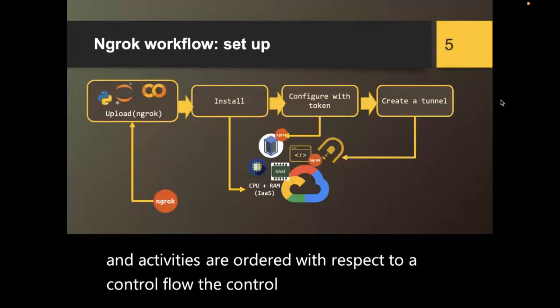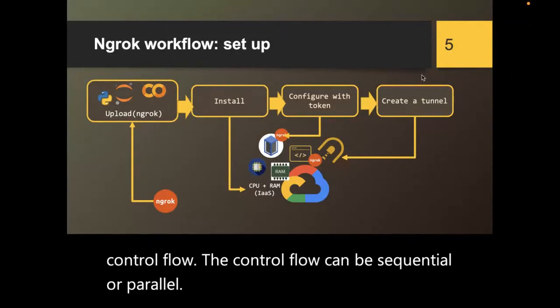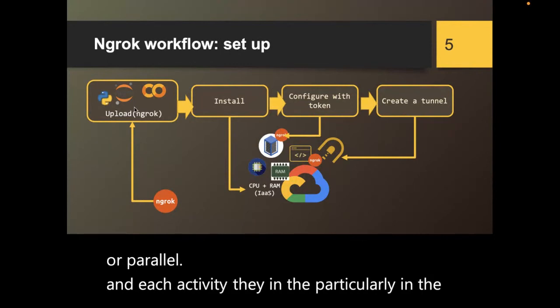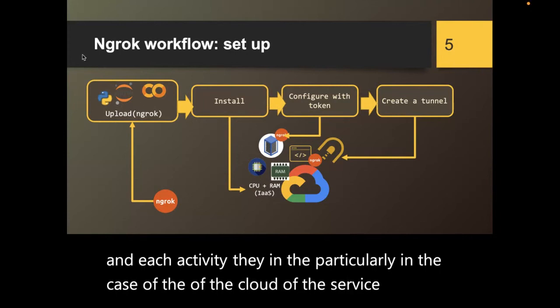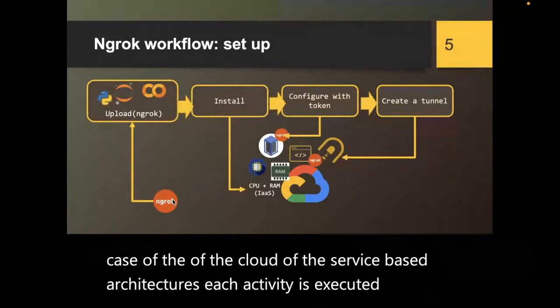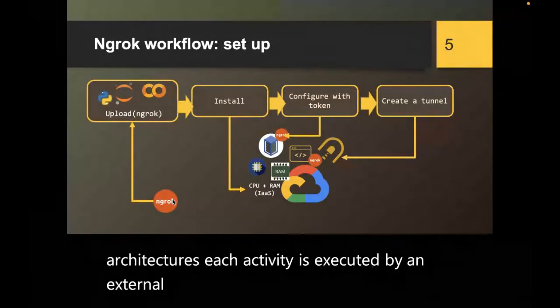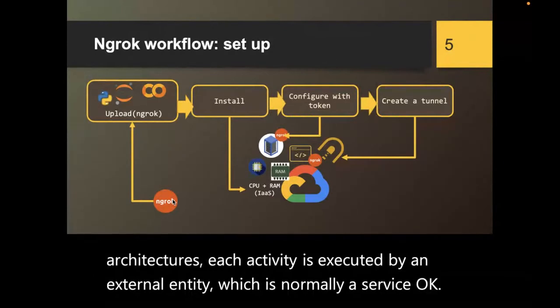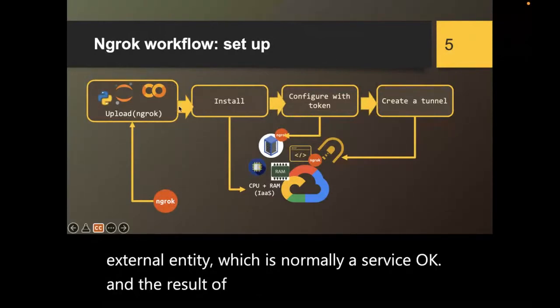The control flow can be sequential or parallel. And each activity, particularly in the case of the cloud, of the service-based architectures, each activity is executed by an external entity, which is normally a service.